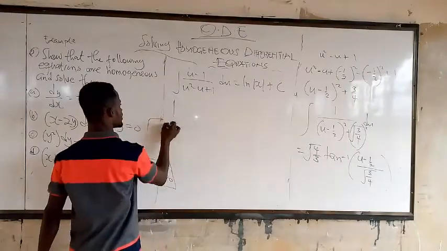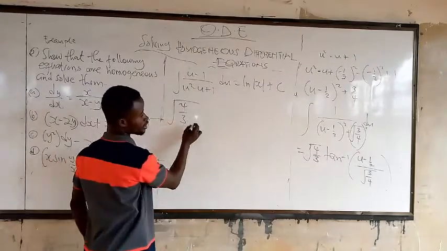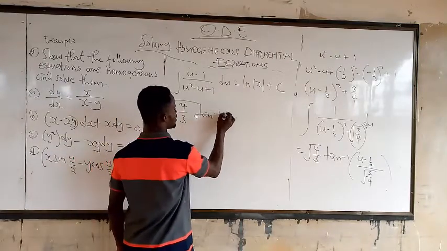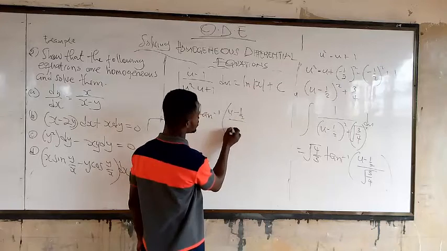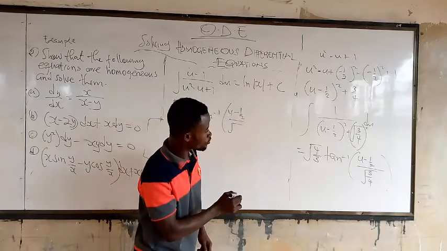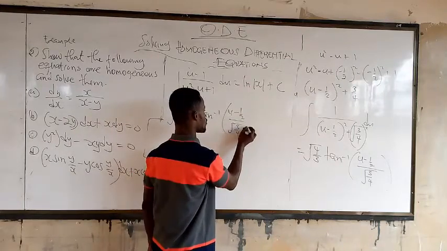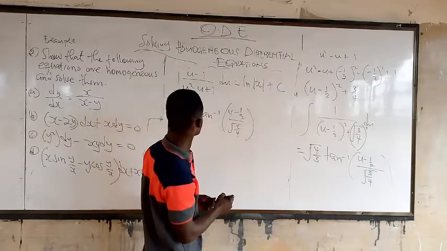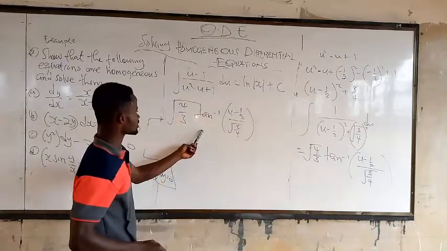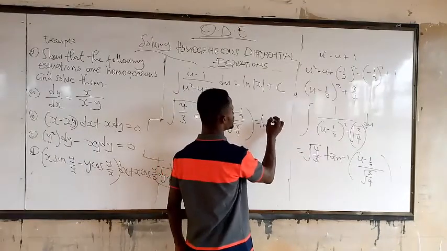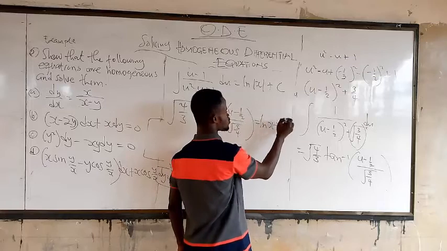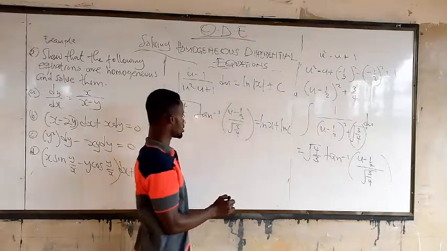So we write square root of 4 over 3 tan inverse of (u minus half) over square root of 3 over 4. So that is that for the left hand side, which is equal to ln s plus this. You can make it ln c.